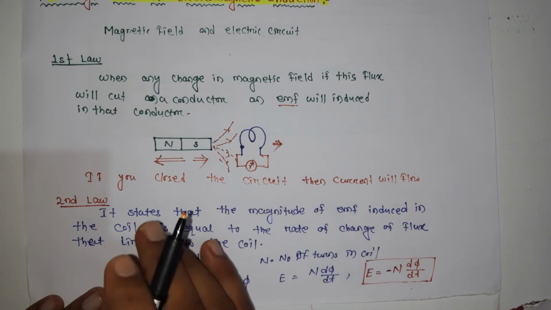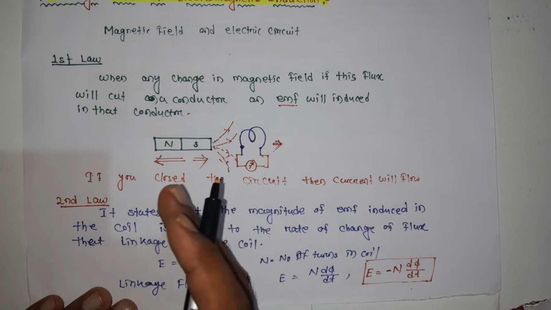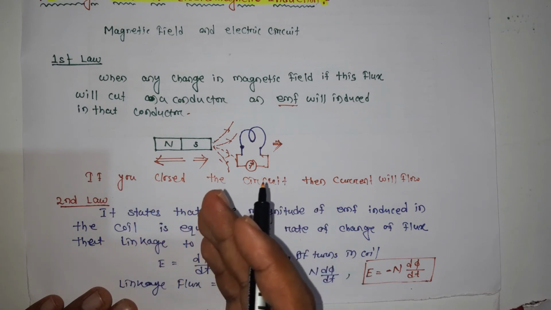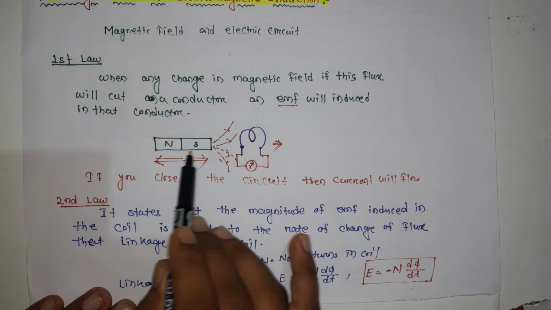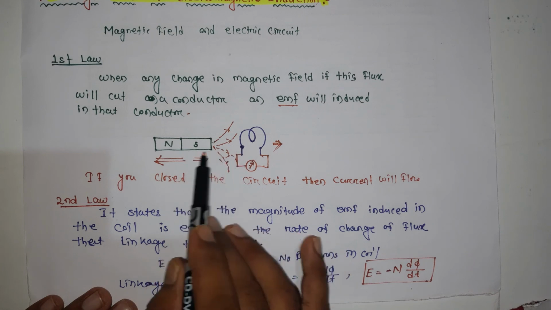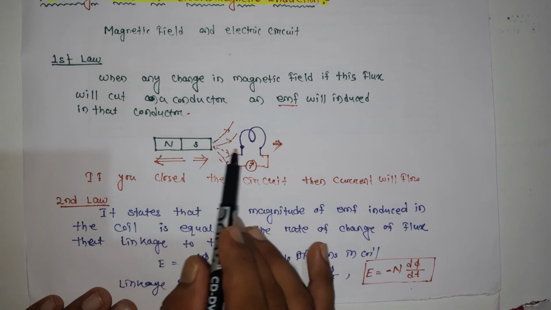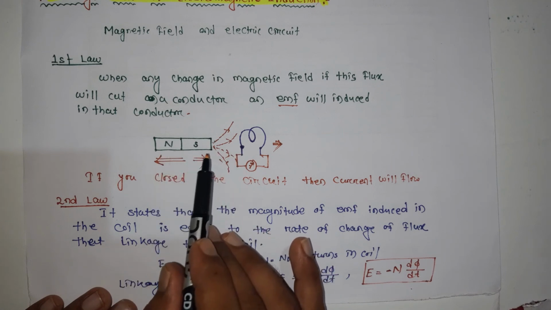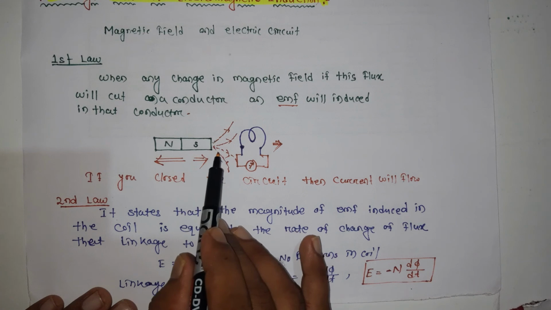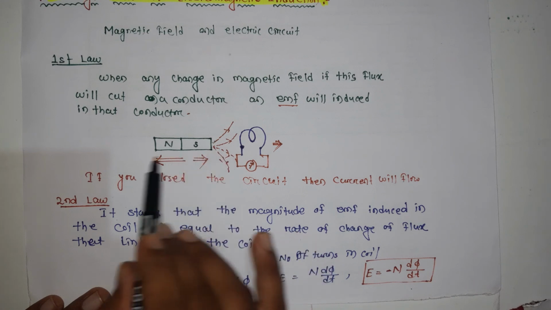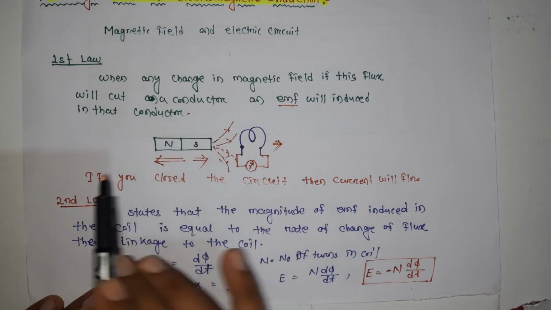Here one thing is needed to induce EMF: relative motion between the electric circuit or coil and the magnetic field. Relative motion is a necessity; either the magnet can move or the coil can move.